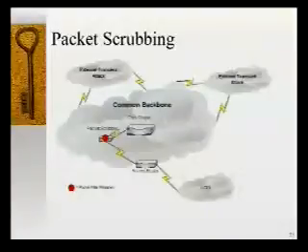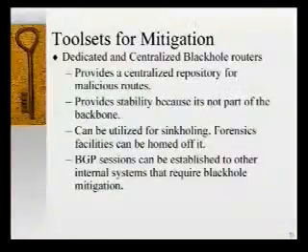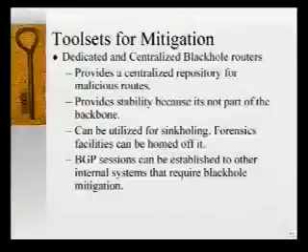So when I show the picture here, you have just one core router, but we actually have it in multiple different locations to handle the distribution. I'll go a little bit more into packet diversion later in the presentation.